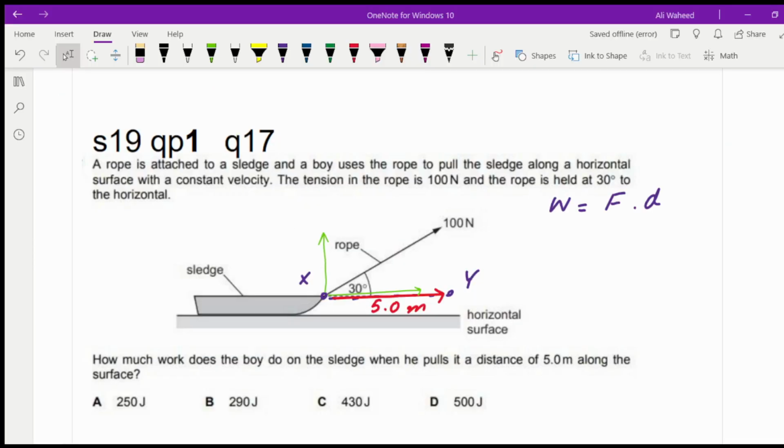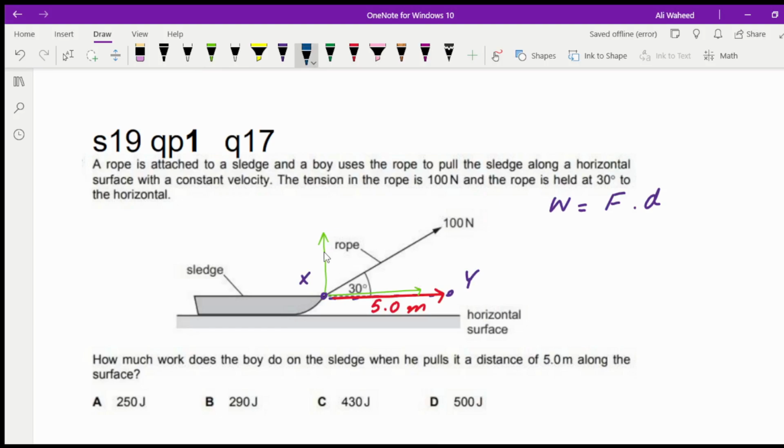So we are using the same strategy here, which is resolving the vector into components. As a matter of fact, we spent a whole lesson on this, and this is where we use it. Now one of the components should be in the desired direction. What is the desired direction? The direction in which the distance is covered, so we can find the work done.